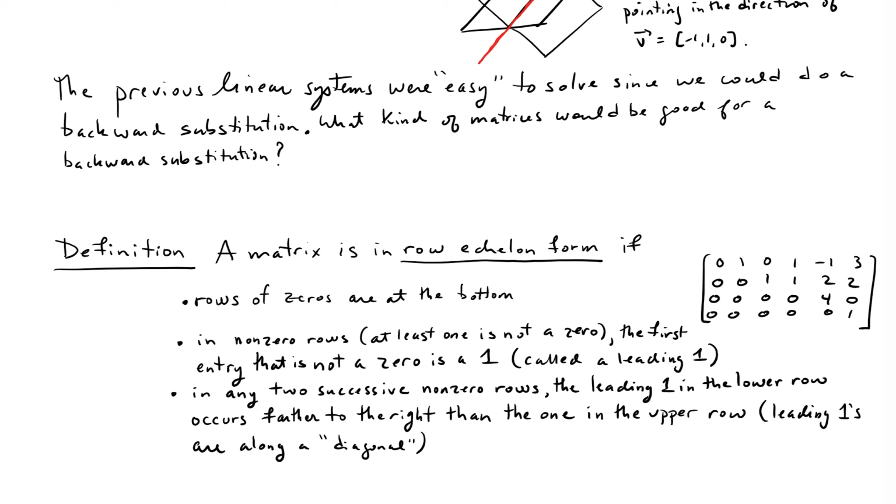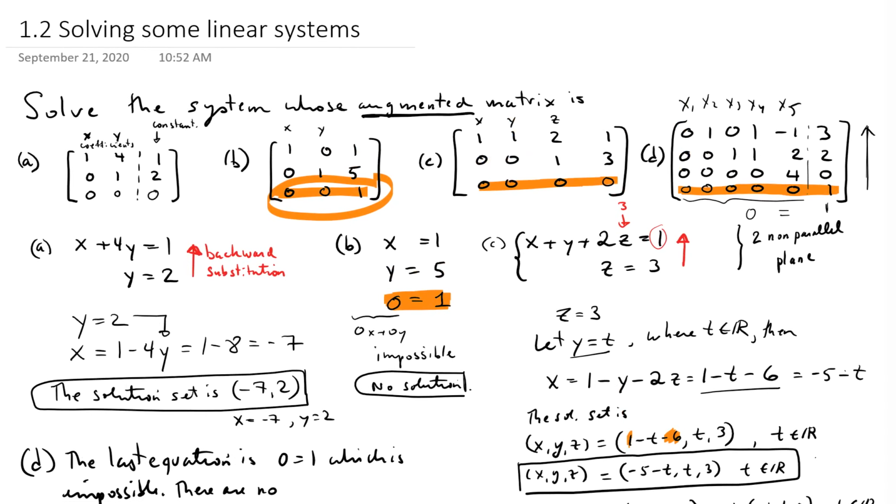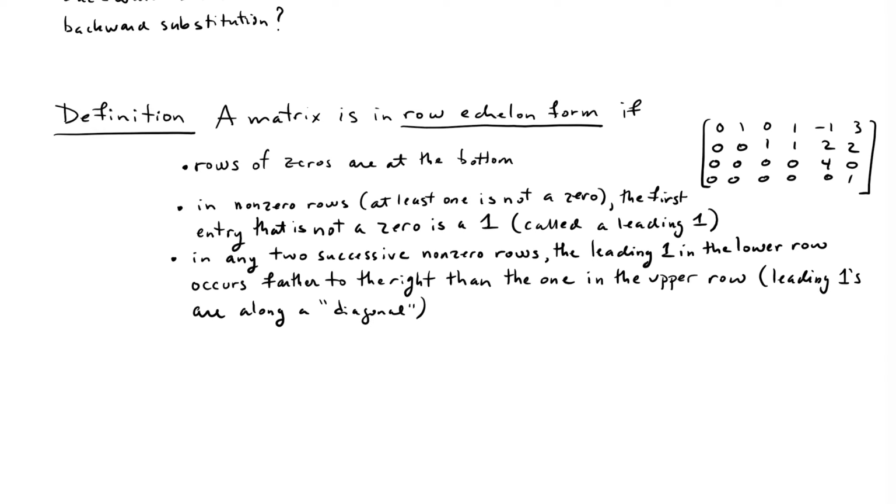So here we are going to define matrices that are essentially generalizing the matrices we have seen in A, B, C, D. So those matrices were good for backward substitution. Let's see what's good about them. So we're going to define a matrix in row echelon form in the following way. So the definition is for what row echelon form means.